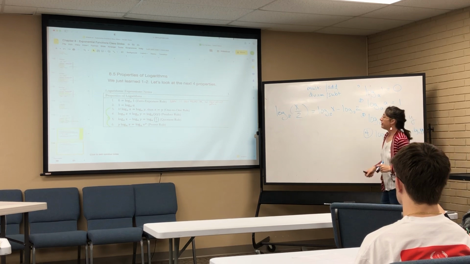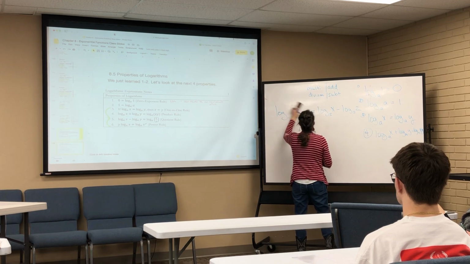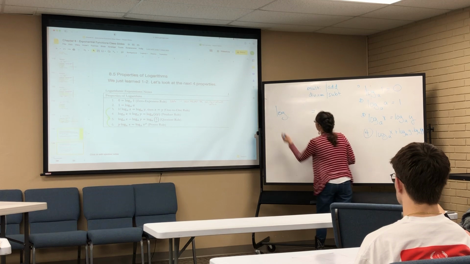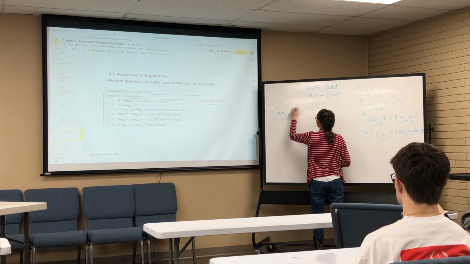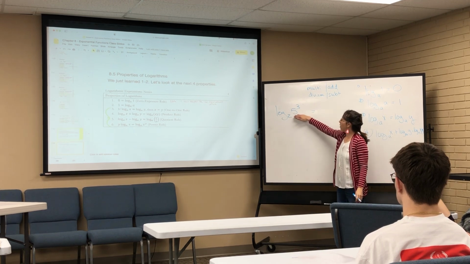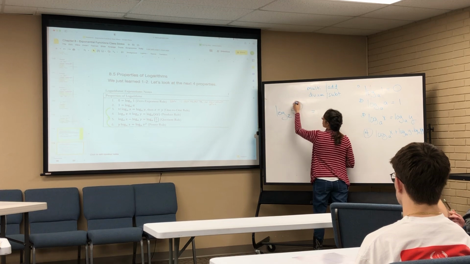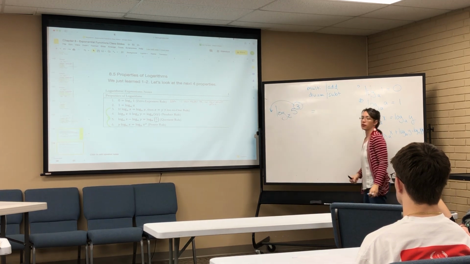Okay. Now, the power rule is an exponent rule. If we have a base and our equivalent value has an exponent, we can take this exponent and we can simplify it by moving it to the front.